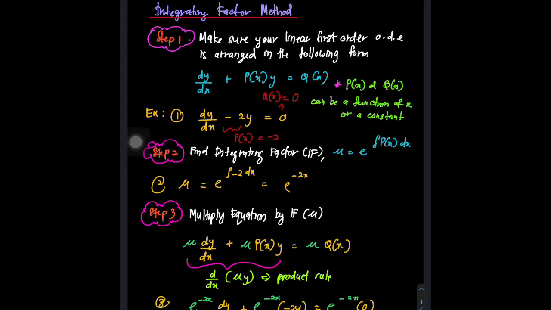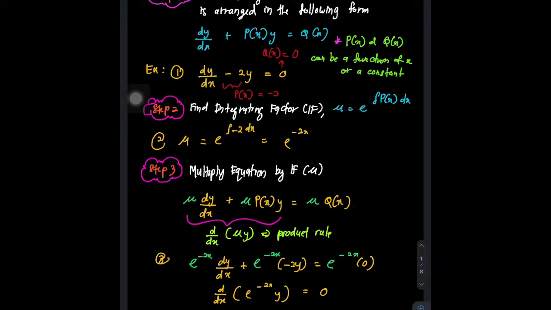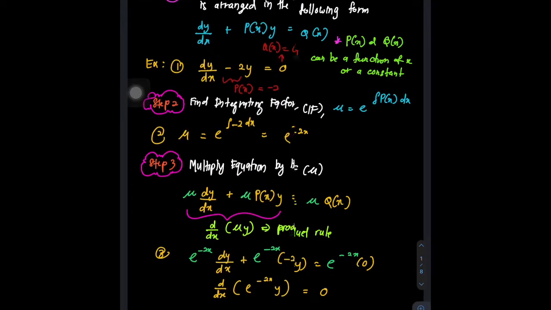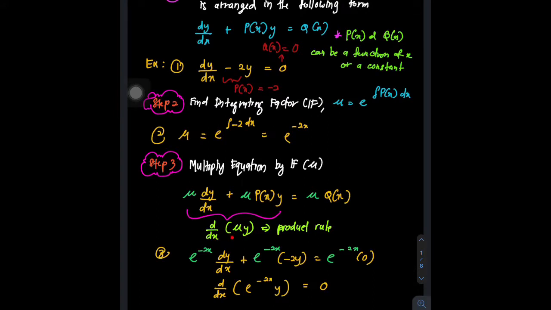Step 3, you have to multiply the equation by the integrating factor. So this is your general form. So you multiply both sides with mu. So you will get mu dy over dx plus mu p(x)y is equal to mu q(x). Okay, so the idea here is when you differentiate this function, you need to apply the product rule.